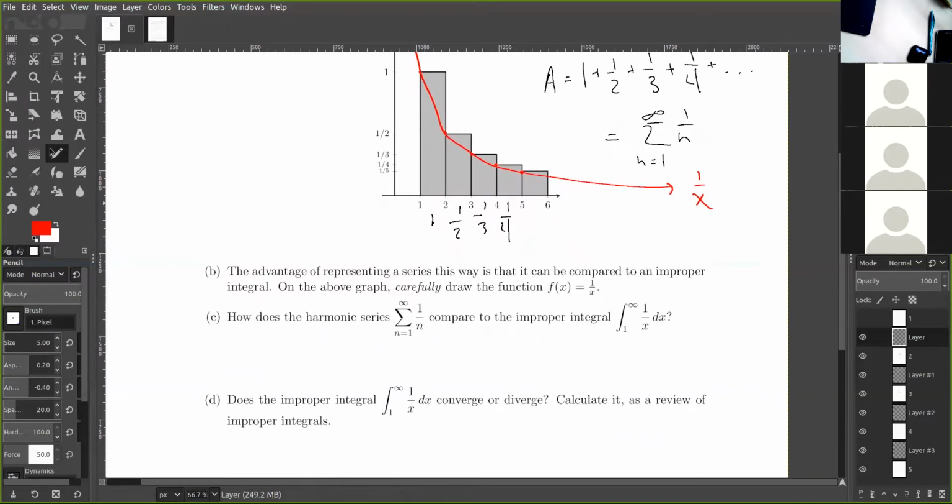And so what do we notice? How does the harmonic series of 1/n compare with the improper integral of 1/x? The best way to say it would be this series of 1/n is the left Riemann sum for the integral.